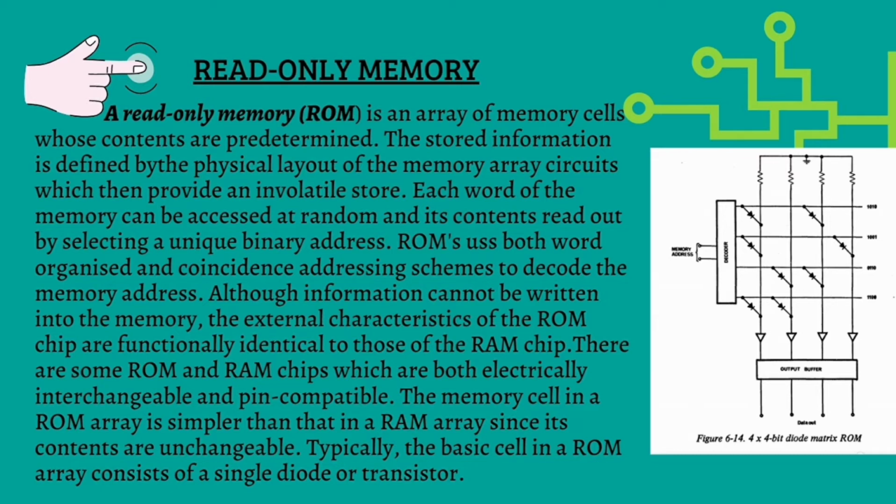Although information cannot be written into the memory, the external characteristics of ROM chips are functionally identical to those of RAM chips. There are some ROM and RAM chips which are both electrically interchangeable and pin compatible. The memory cells in a ROM array are simpler than in a RAM array since its contents are unchangeable. Typically, the basic cell in a ROM array consists of a single diode or transistor.